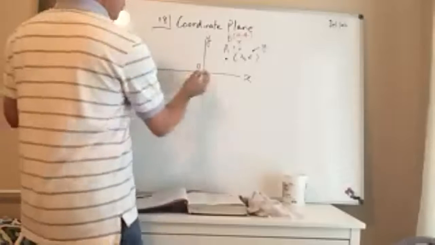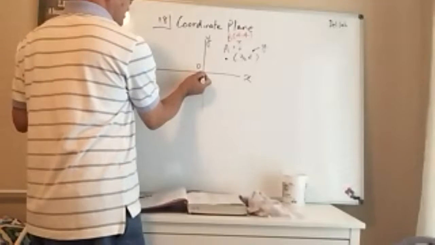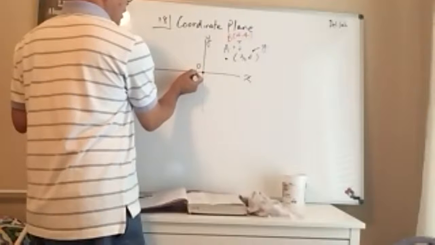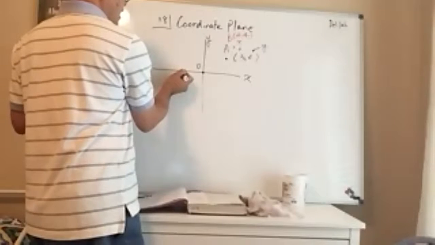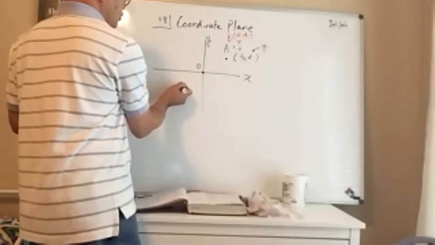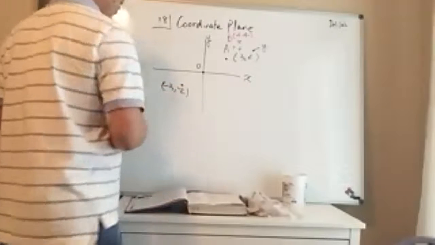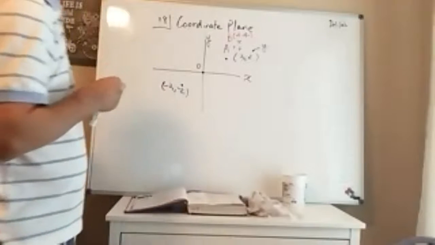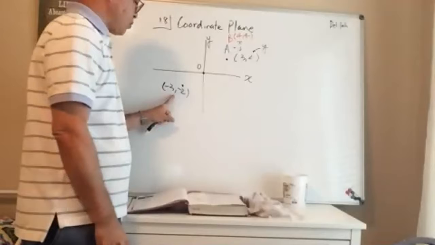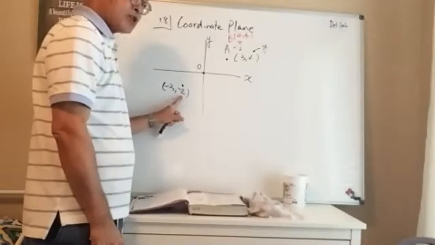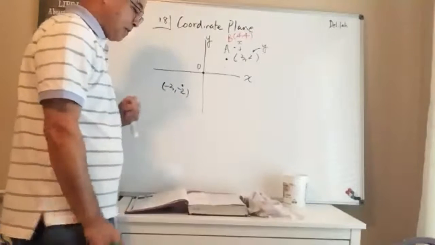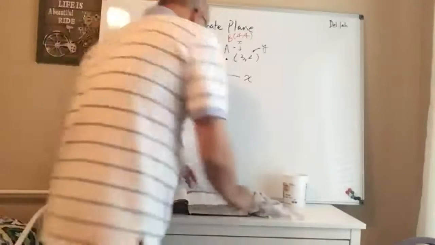So if I had -3 and -2, I would go to the left, so I'm going negative now, -3, 1, 2, 3, and -2, I'm going down. So this would be -3 and -2. Always the first number is your x coordinate, the second one is your y coordinate. Okay? All right. So that's how that works.